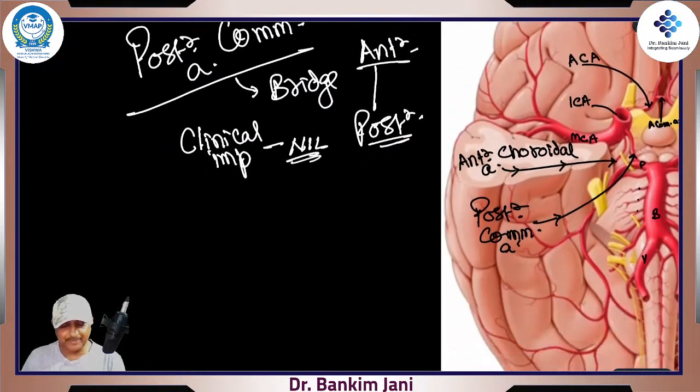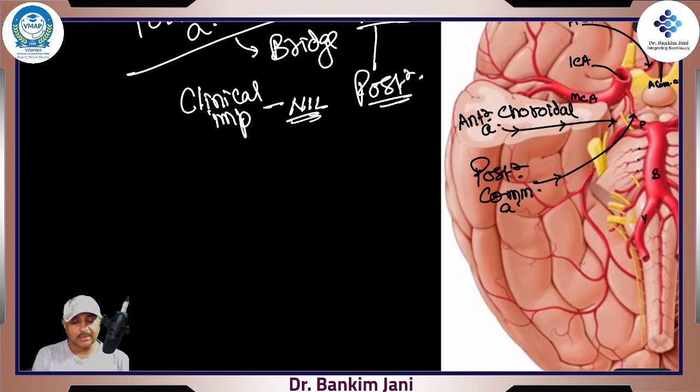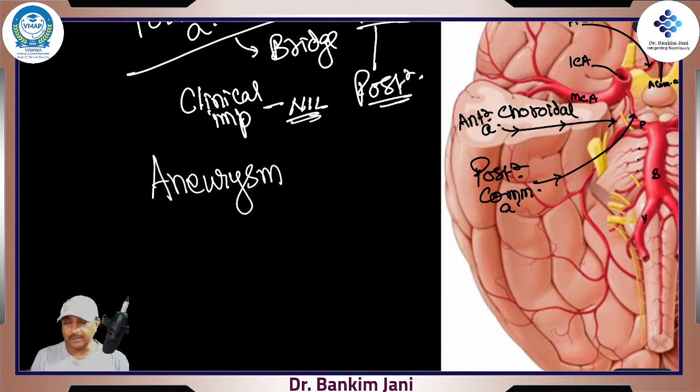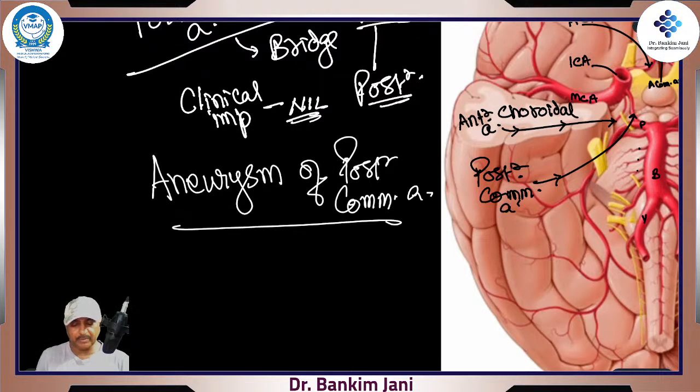So can it be affected? There is no specific importance of this posterior communicating artery, but something can go seriously wrong when there is an aneurysm. Now you know what an aneurysm is: when the artery bulges. When there is an aneurysm of the posterior communicating artery, it would lead to oculomotor nerve palsy.